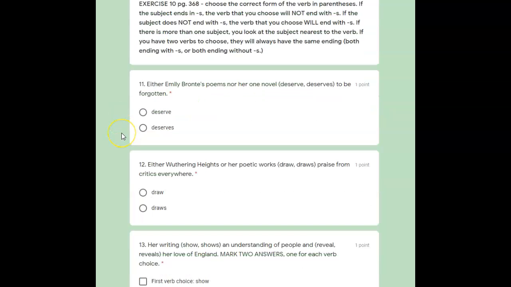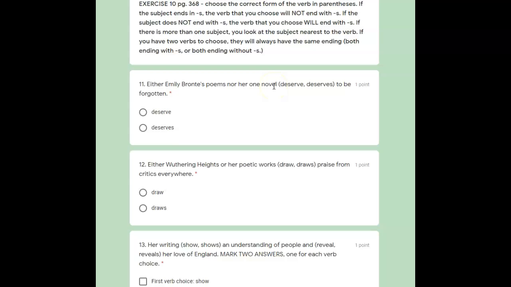So we're going to do number 11 and 13 here for exercise 10. So number 11, "Either Emily Bronte's poems nor her one novel deserve or deserves to be forgotten." So who or what is that sentence about? Well, poems and the novel. We have two subjects.